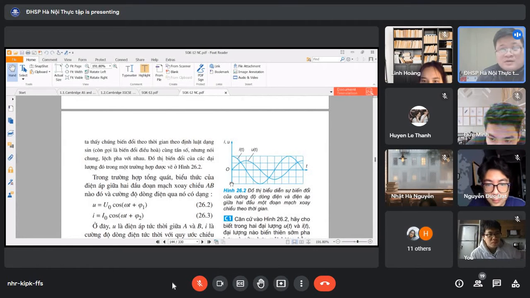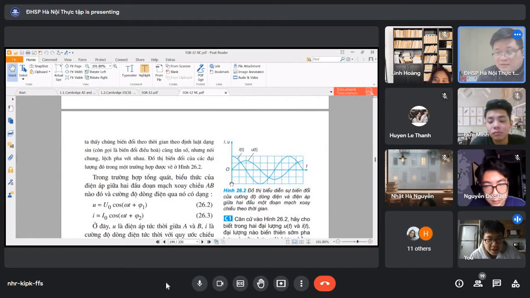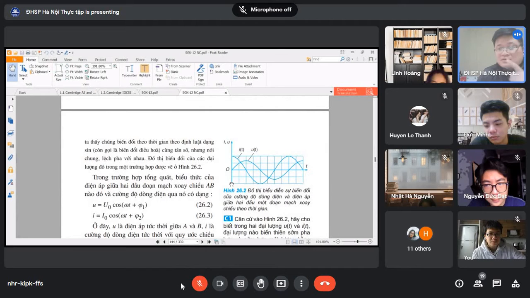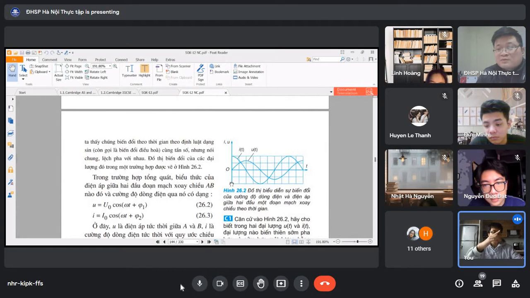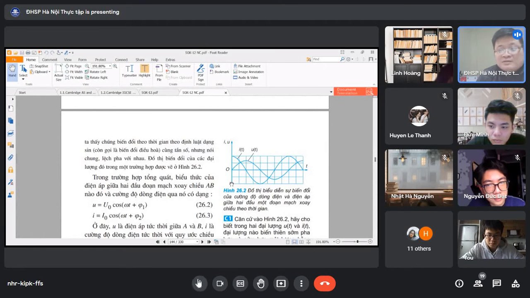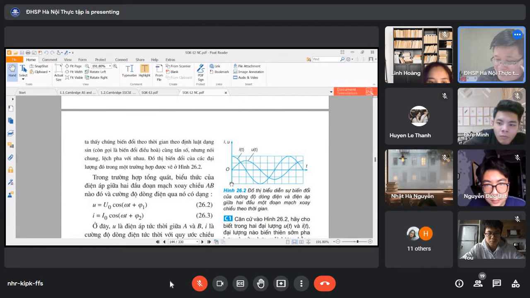What does the graph of direct current versus time look like? It is a straight line. But there are many kinds of straight line. Is it horizontal or diagonal? It depends on the characteristic of the current.